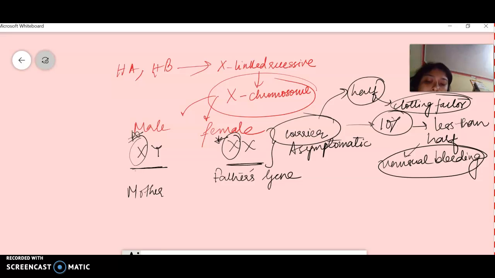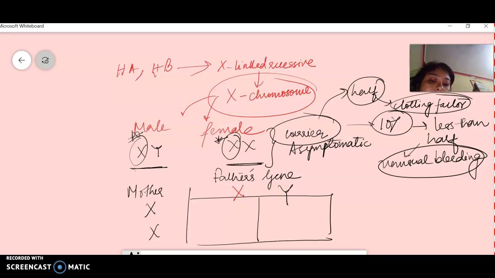Your father has one affected X and one normal Y, whereas your mother has X and X. If you draw the Punnett square with 4 offspring, you get XX, XX, XY and XY.